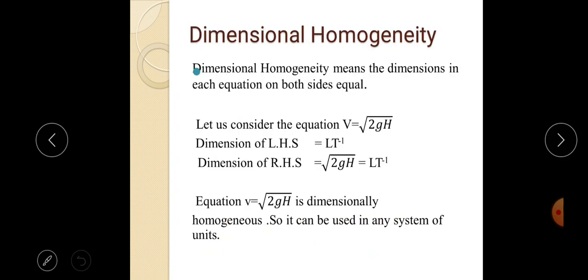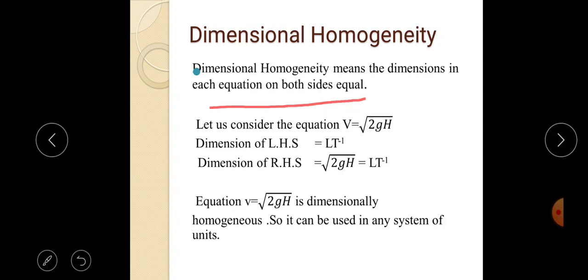Now what is dimensional homogeneity? Dimensional homogeneity means the dimensions in each equation on both sides are equal. In any equation, if the dimensions on both sides are equal, then we say that the equation is dimensionally homogeneous.